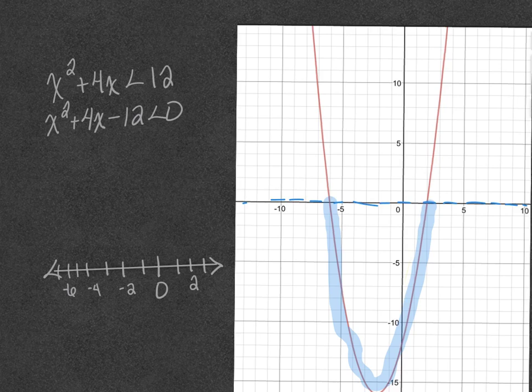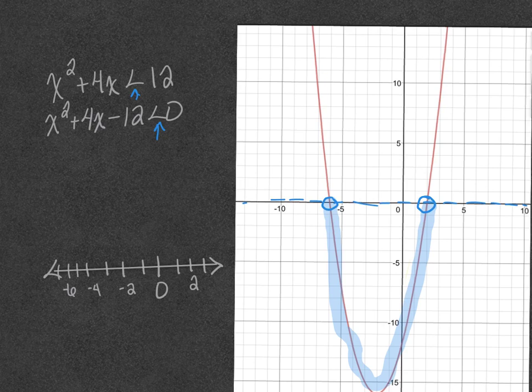Now, our problem says less than, so the point where we are on 0 is not included. If it was included, we would use a filled-in circle, but it's not included, so we're going to have an open mark.